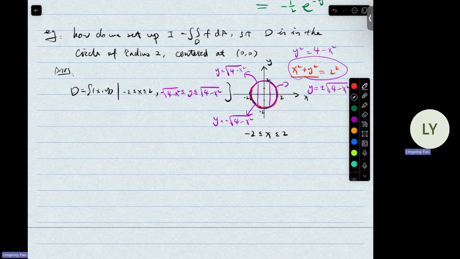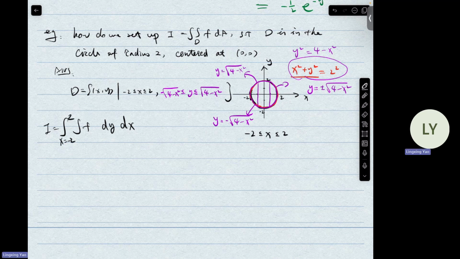So the double integral could be written as, well, obviously here we choose to integrate y as the interior integral variable, and x will be the variable for the exterior integral. So x is between -2 and positive 2.